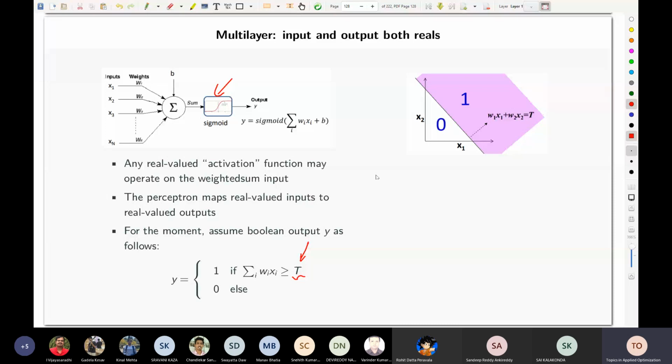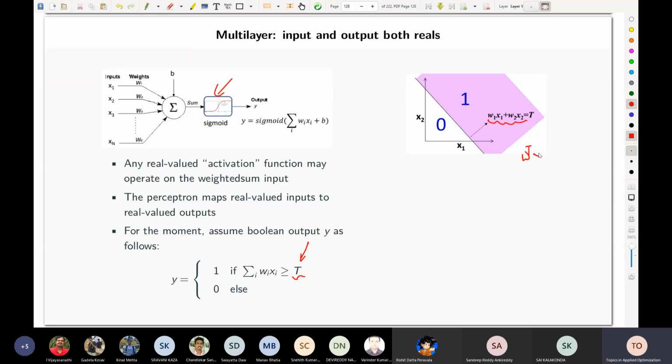In terms of the figure, w1 x1 plus w2 x2 equals t will be the equation of a line. In this case, this is the hyperplane you can think of. If the values are greater, then it will be this side.